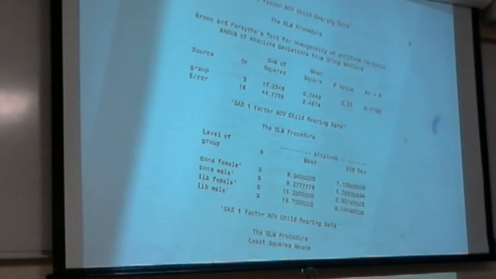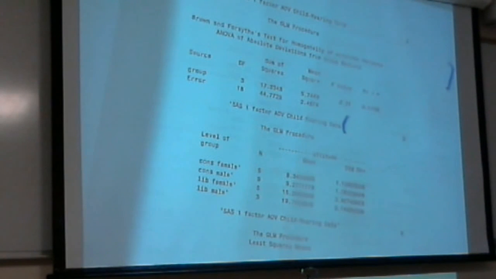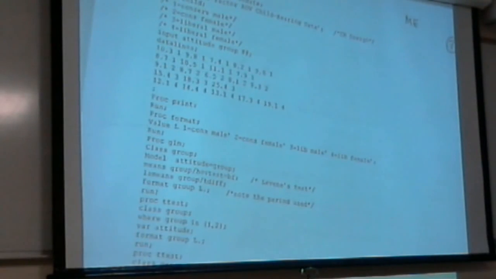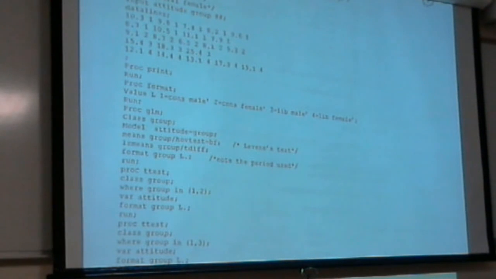22 observations in all. With 22 observations, we can't have equal sample sizes, right? 5 observations per group would mean 20 in all, and 6 observations per group would mean 24 in all.